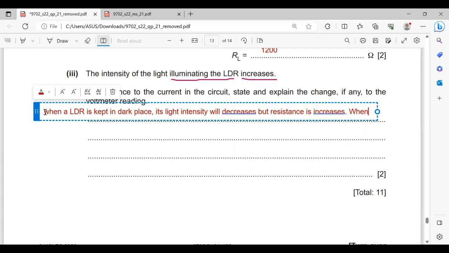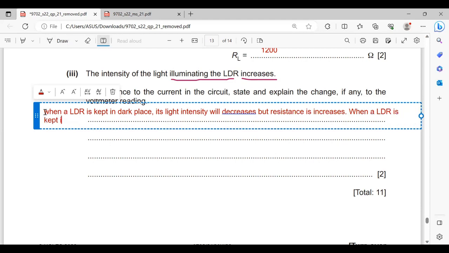When the LDR is kept in a light place, its light intensity will increase, but the resistance decreases.